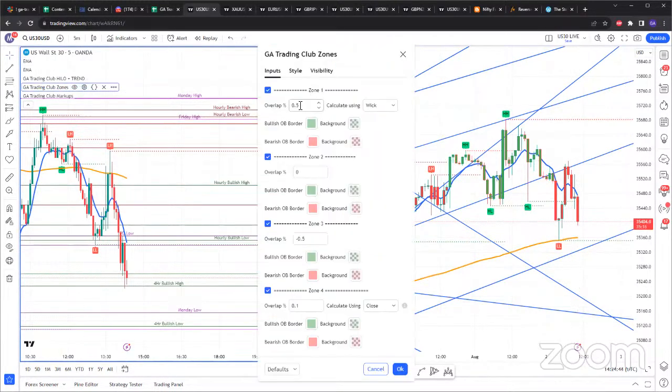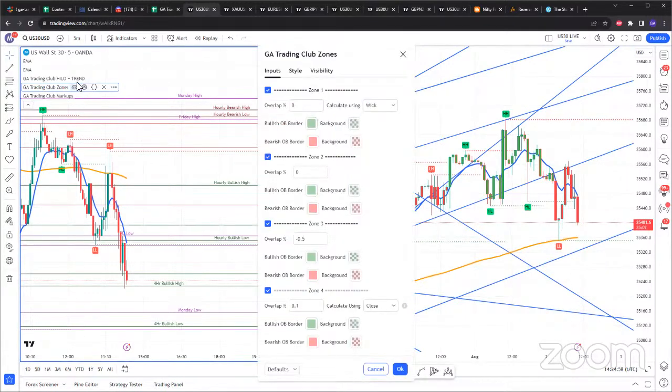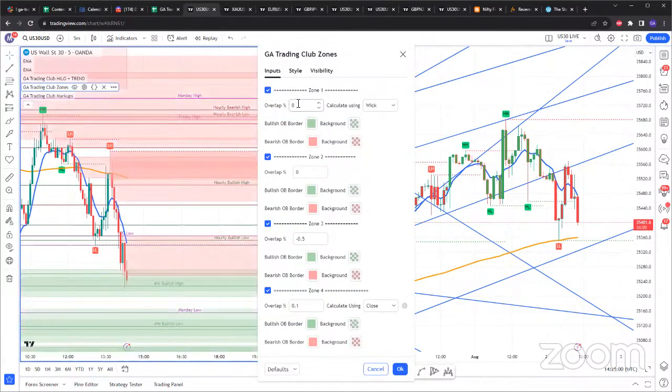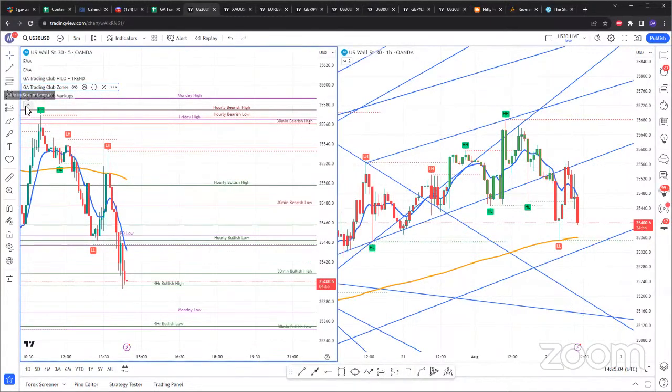I know the name of the guy on Discord, but I don't know his name in here. If you're using the zones indicator, sometimes you'll get the red exclamation mark. Just change the first area to 0 instead of 0.5, because I normally have 0.5.